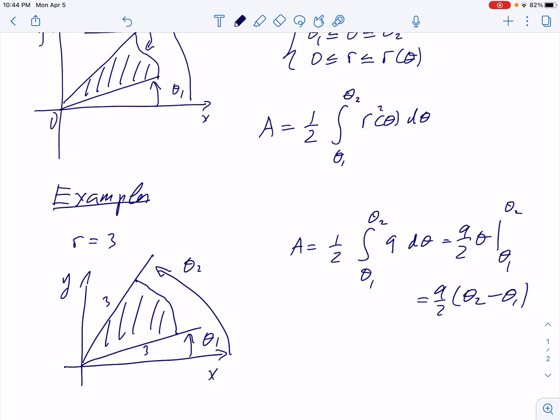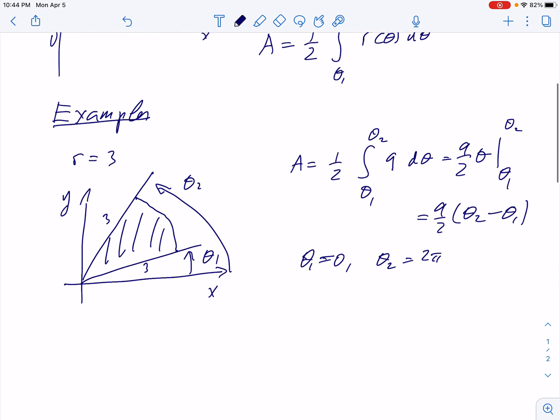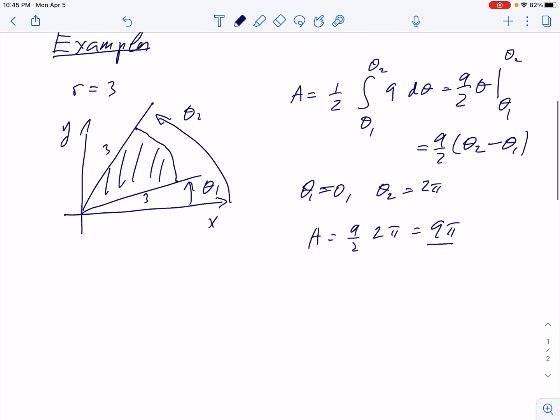If theta 1 is 0 and theta 2 is 2 pi, this is the entire circle. Area will be 9/2 times 2 pi, which will be 9 pi. Radius squared times pi. Familiar formula for the circle.